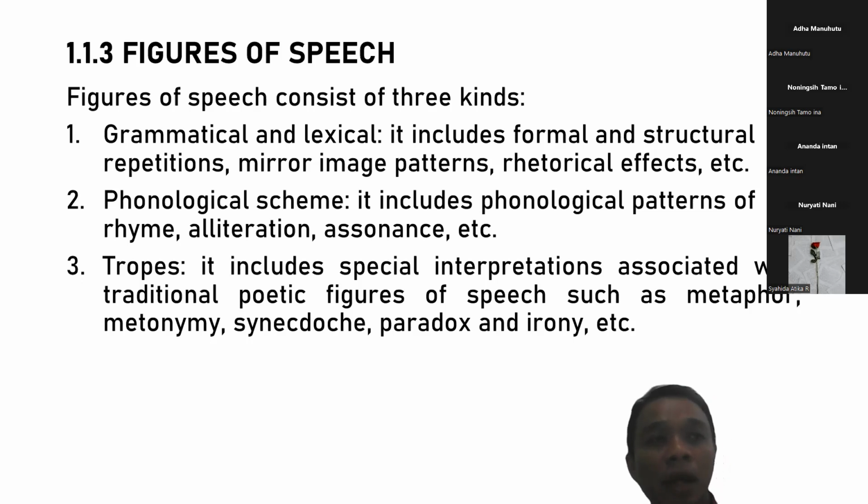Okay, they belong to tropes in figures of speech. So when I ask you, what do metaphor, metonymy, synecdoche, paradox, and irony belong to? Okay, they belong to tropes, in figures of speech.